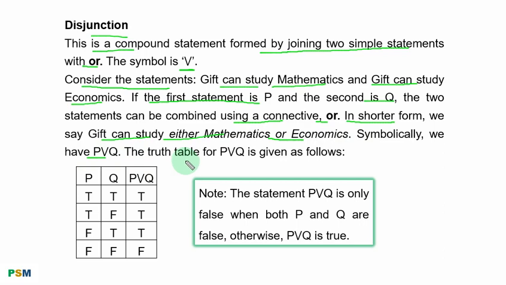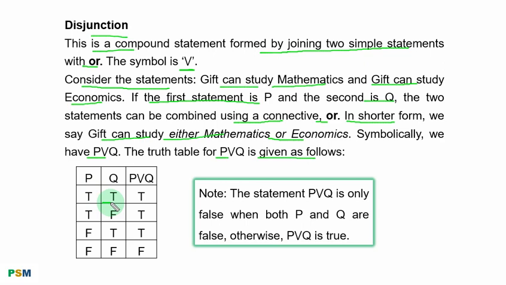The truth table for P or Q is given as follows. You have P, Q. You arrange the outcomes in this way as I have explained earlier. P is saying that Gift can study mathematics. That is true because earlier Gift has the ability to study the two courses, either together or one of them.